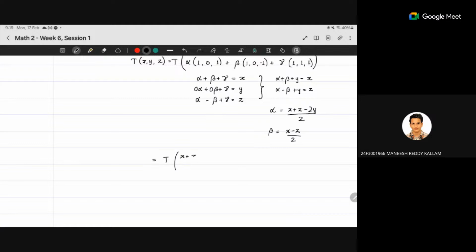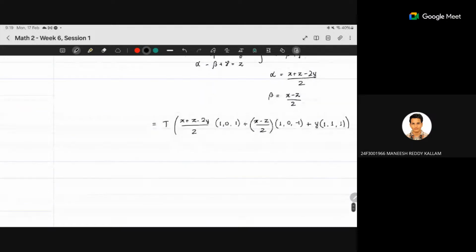(x plus z minus 2y) by 2 times (1, 0, 1) plus (x minus z) by 2 times (1, 0, minus 1) plus gamma, which was y. So you can verify that this is actually working out properly.